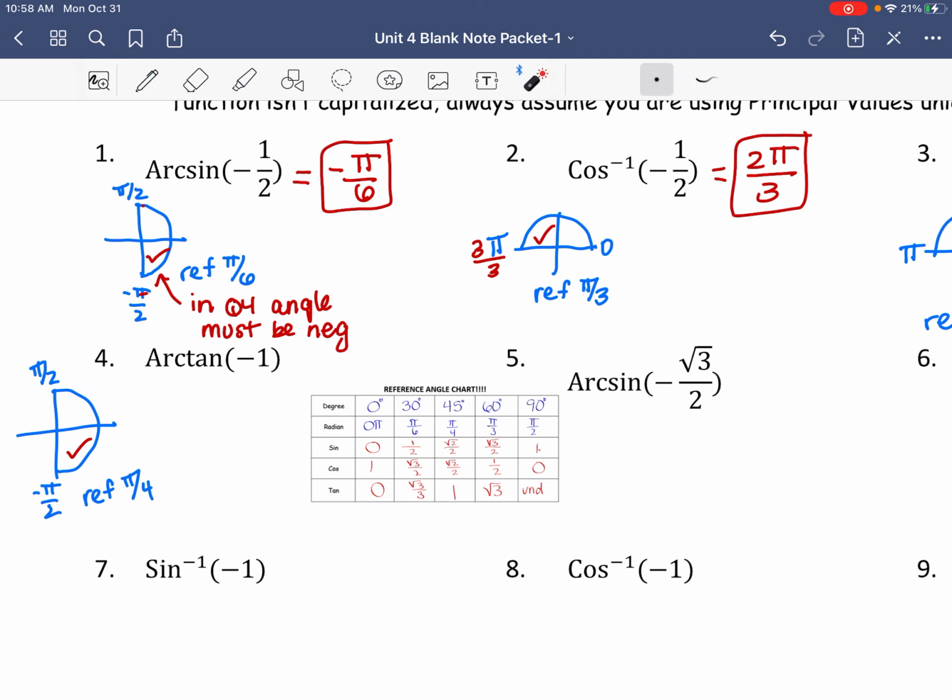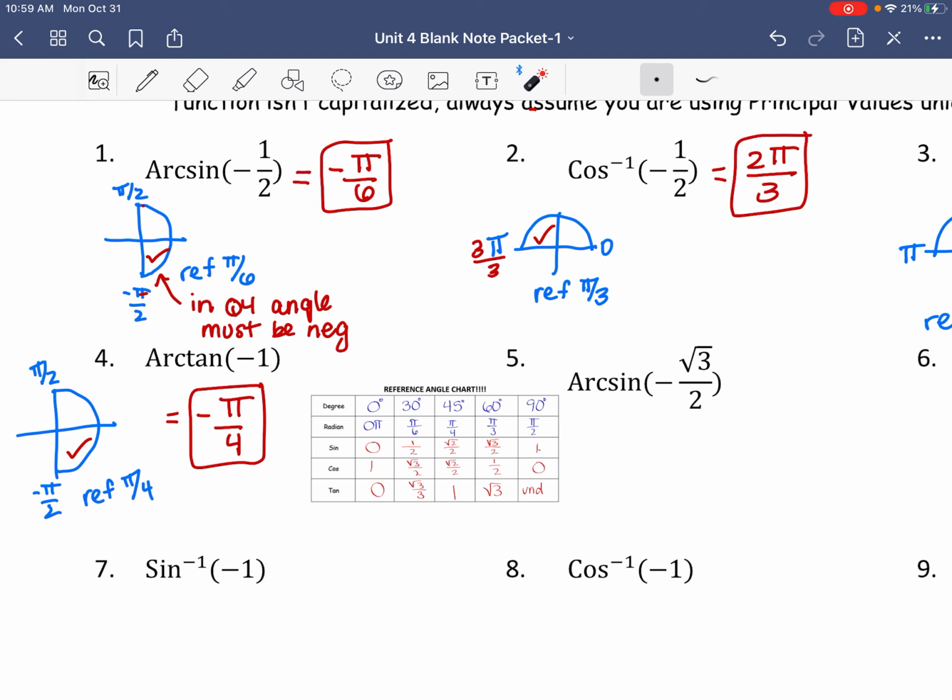Your reference angle from your chart, tangent of 1, is pi over 4. Think about how we list any angle in quadrant 4. In quadrant 4, our answer is negative pi over 4. Again, the reason we do that is because your answer has to be between negative pi over 2 and positive pi over 2.